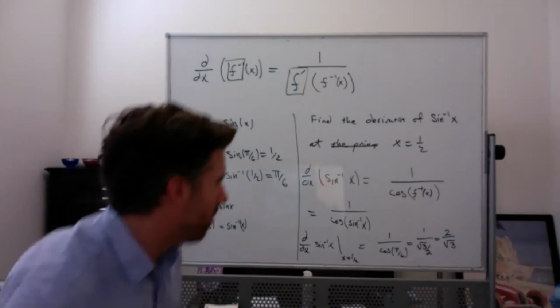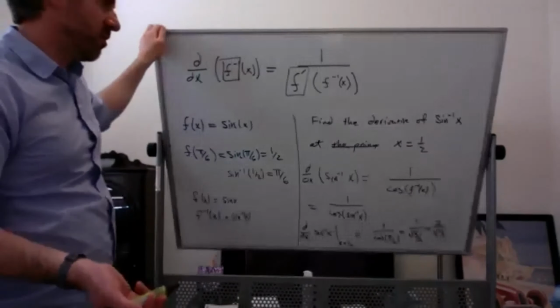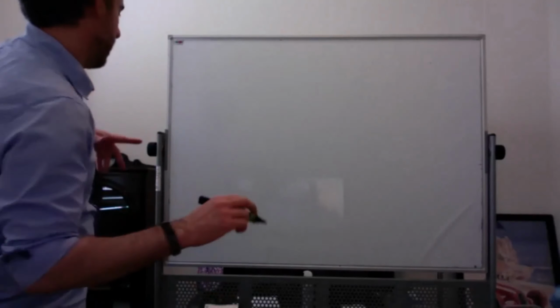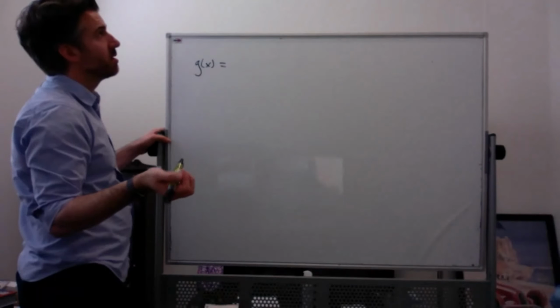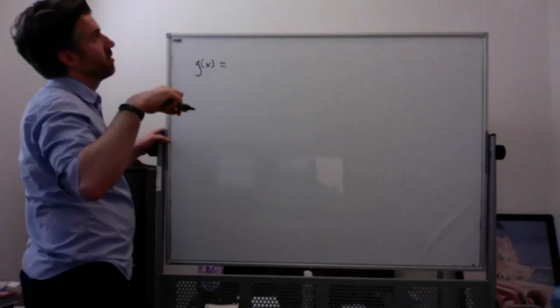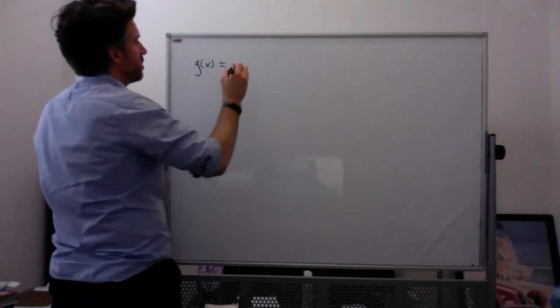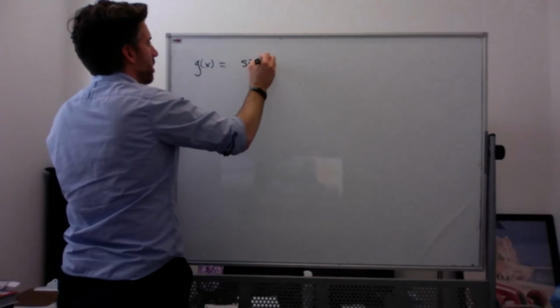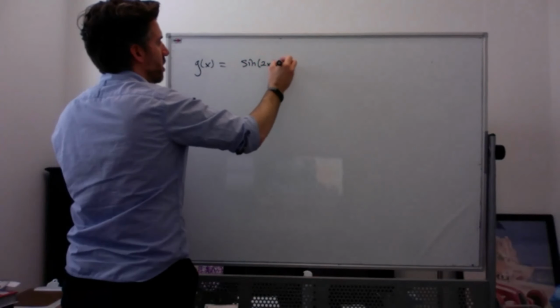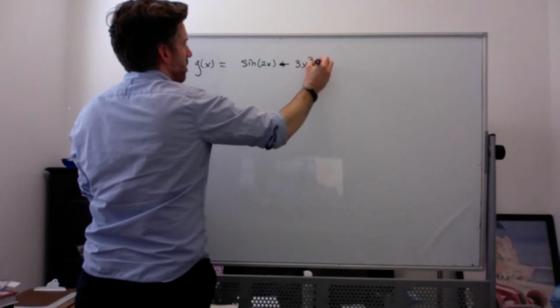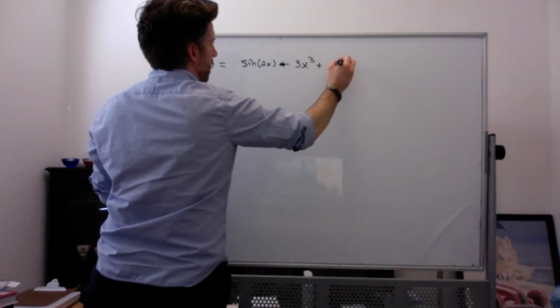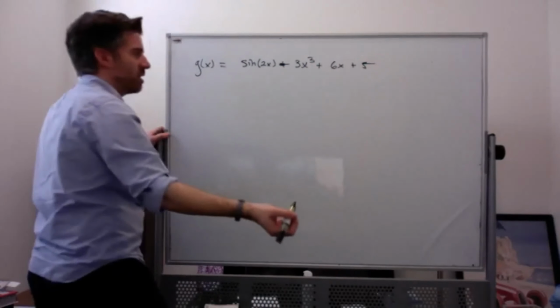Let me do one more, which will be very similar. Let's say we have this function. g of x is, I'm going to make it a little bit different, sine of 2x plus 3x cubed plus 6x plus 15.